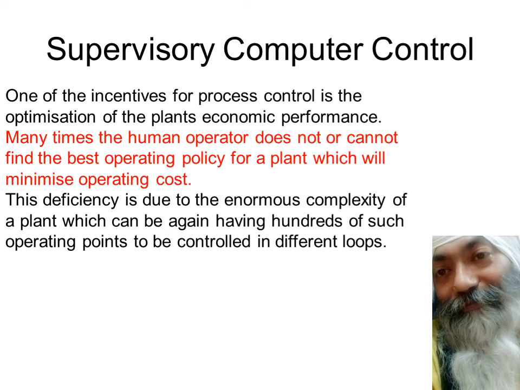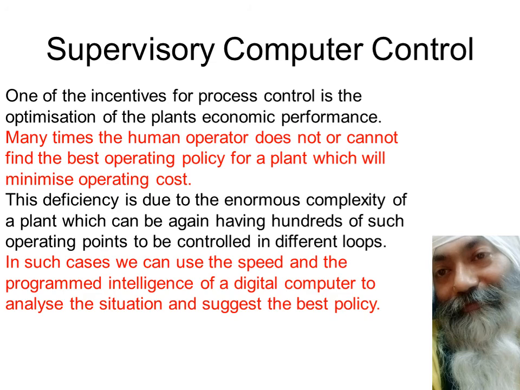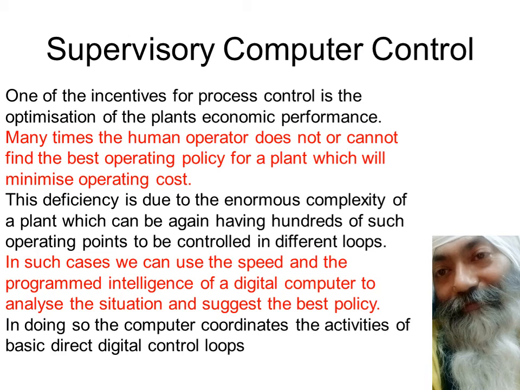So we get in a computer to decide the operating point in the most optimal way. This policy of where and how the digital computer should work is made by yet another computer, which is called supervisory control. So what we are doing is that we have a computer that coordinates the activities of basic DDCs.